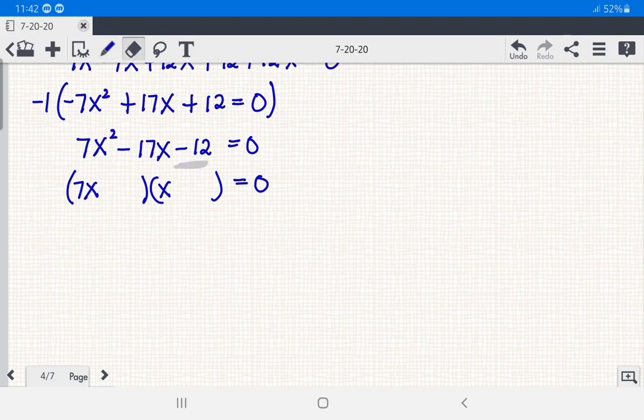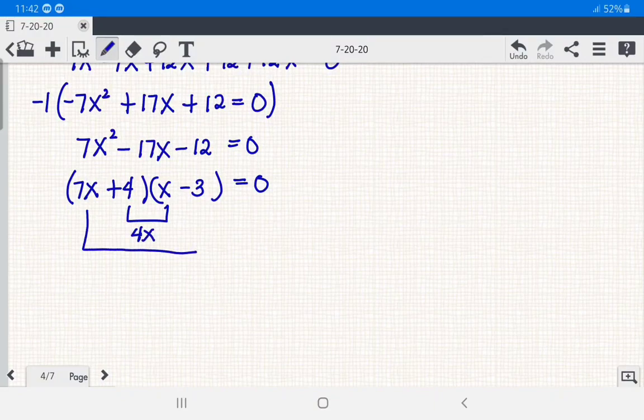So negative 12, think of factors of negative 12. We have, let's say, positive 4 and then negative 3. Let's see, 4 and then negative 3, that is negative 12, right? We're going to multiply 4 times x, we have 4x, right? 7x times negative 3, we have negative 21x.